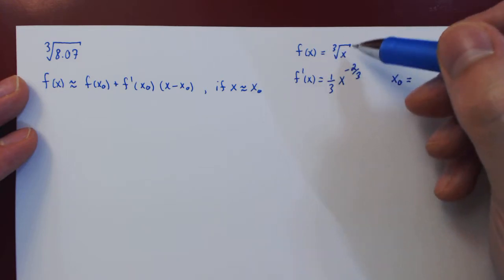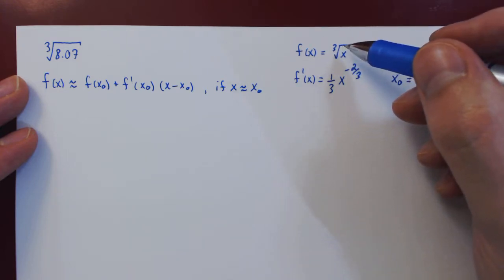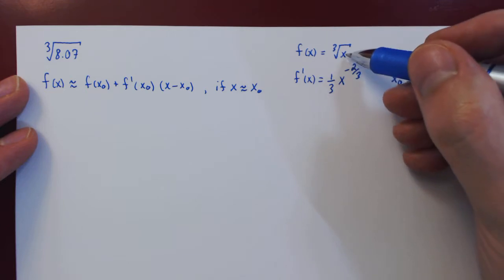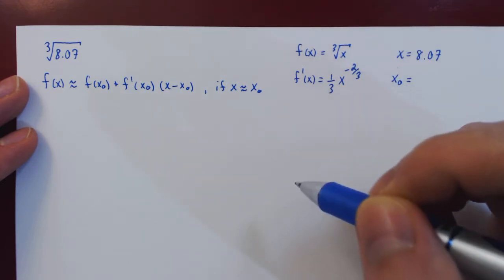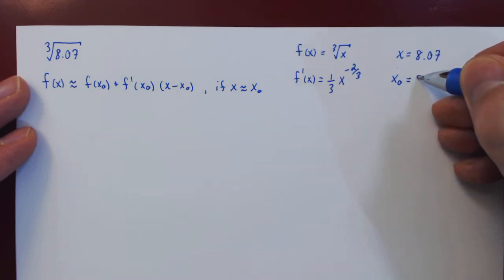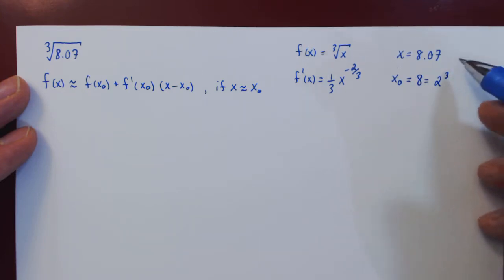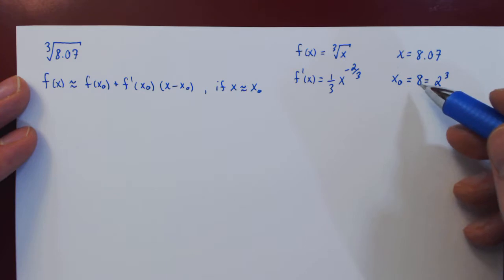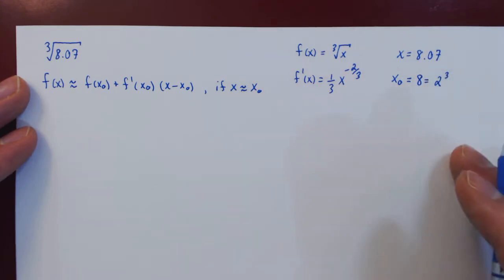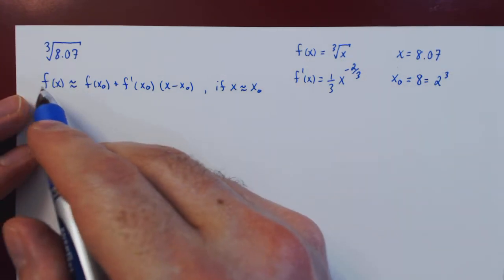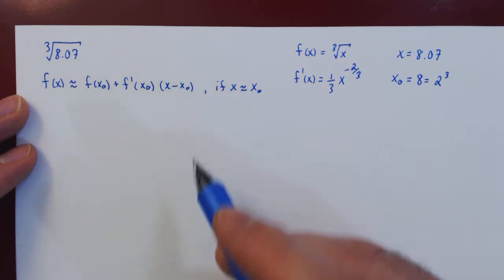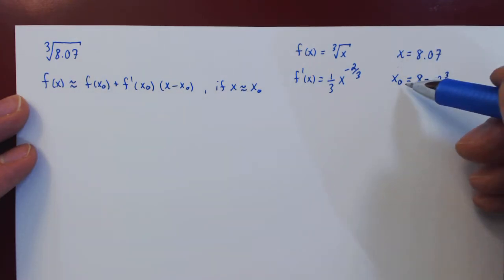Well, what's involved here is a cube root. And a cube root can be easily simplified if the argument is a perfect cube. Well, 8 of course is the right choice, as 8 is a perfect cube, being 2 cubed, and 8 is very close to 8.07.